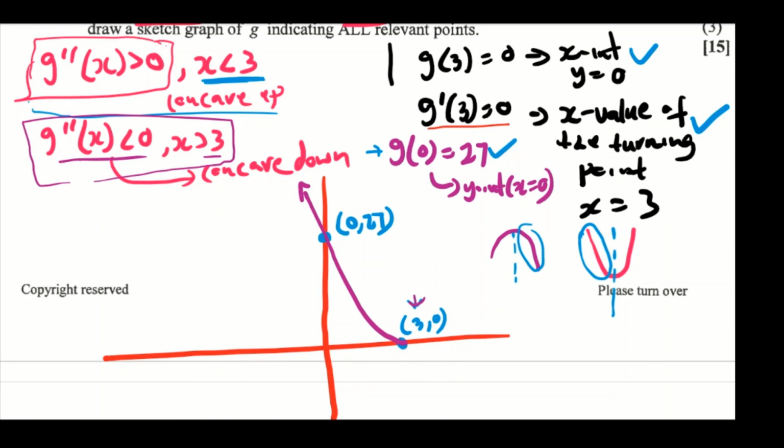So we're just going to say it's going down, concave down, right? So that is how our function looks. For the function g, we made sure that we indicated all the intercepts and we labeled our axes. So this is y and this is x, right? And that's how you draw the function. So please don't forget how to interpret the concavity of the function. And yes, hope it was simple enough to do.